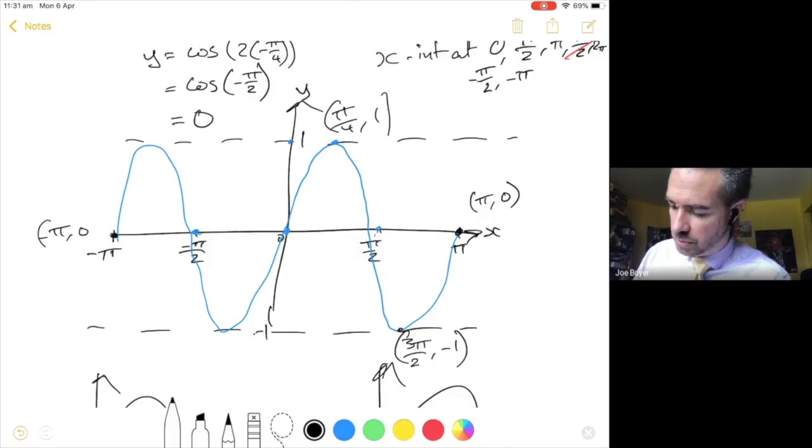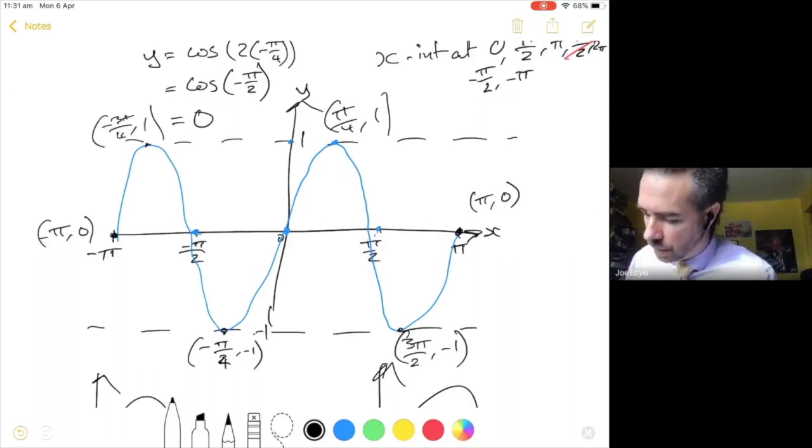So we label our endpoints explicitly. We also have to label that negative pi on 2, negative pi on 4, -1. And this one here is negative 3 pi on 4, 1. That was an awful close bracket. That's not much better. But that's our graph.